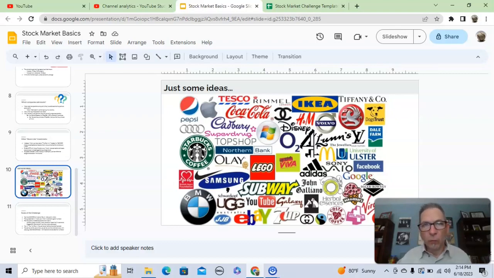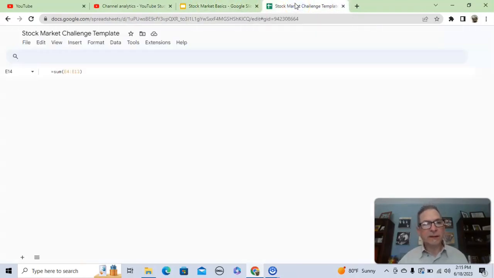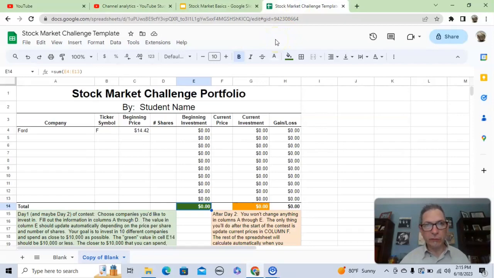So what we'll do on day one, I'll go over what the challenge is, give them a little bit of information about what they're going to be doing, and I will give them access to this template that I have. And the template's got Ford in there, like I said. But they're going to be picking other companies, so their job is to fill that out.